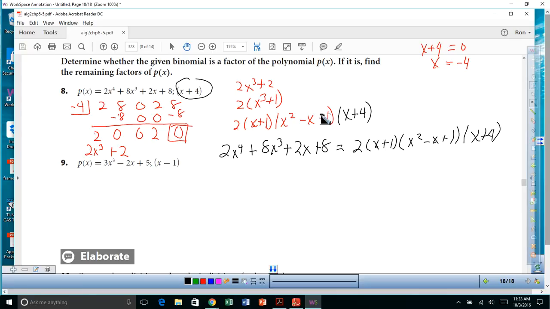Okay, I didn't factor this anymore. Why? Because it's irreducible. We can't factor that anymore. So negative 4 was in fact a factor.